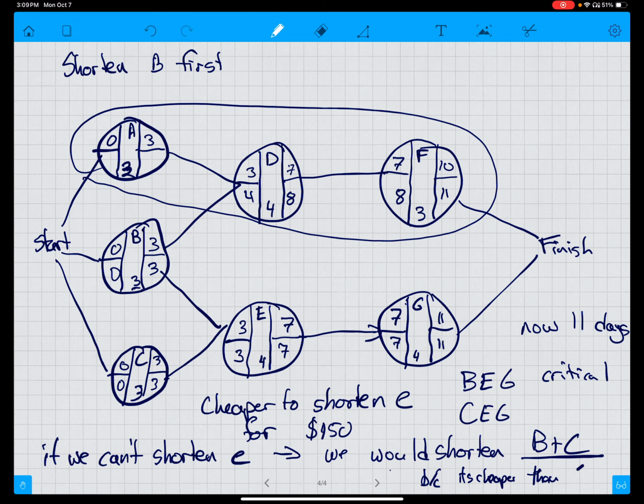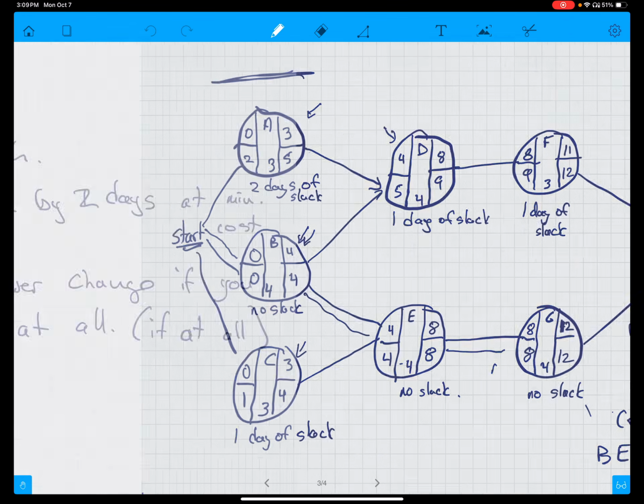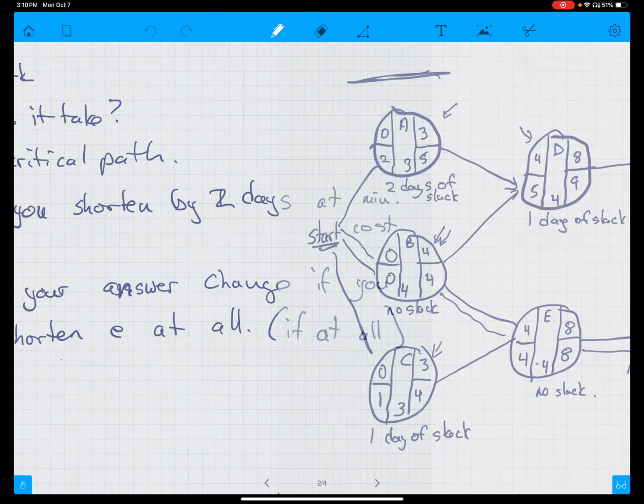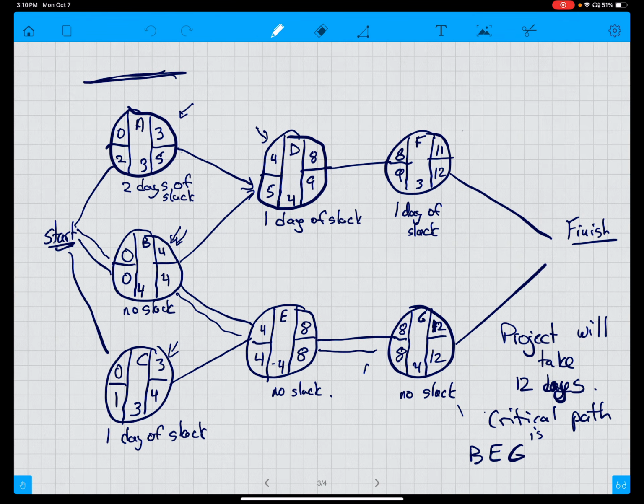than G. So basically what we've done, we got the basic information here: tasks, predecessors, duration, crash costs, and maximum days. We got the questions. We drew the network with the appropriate precedence relationships: A, B, C, D, E, F, G. Did a pass from left to right to do earliest start, earliest finish.